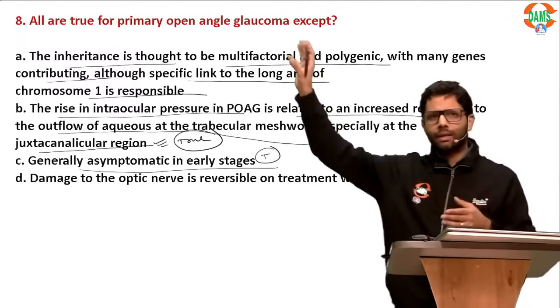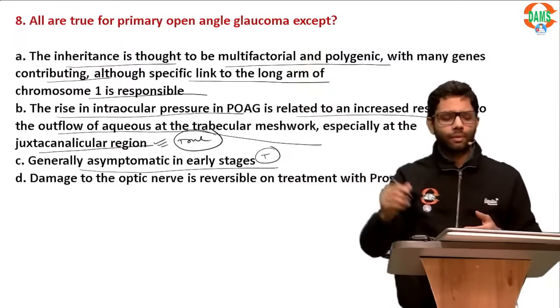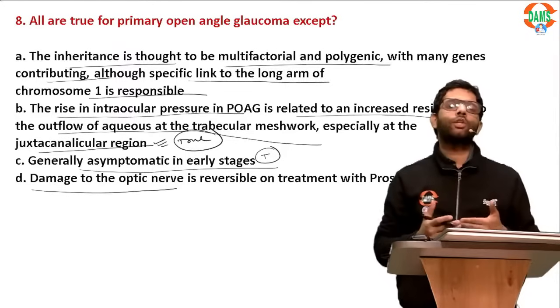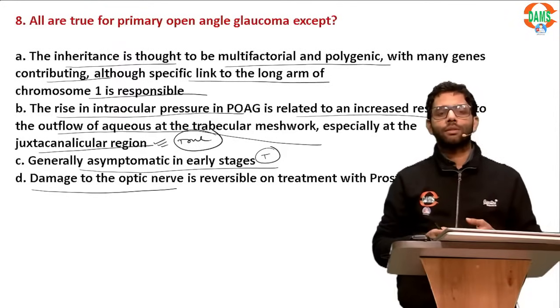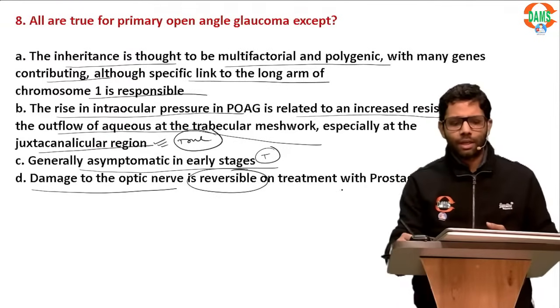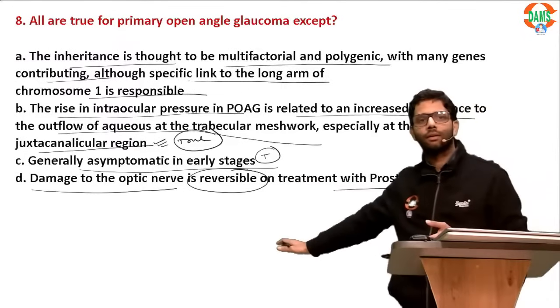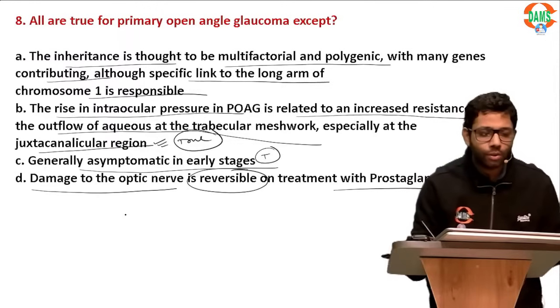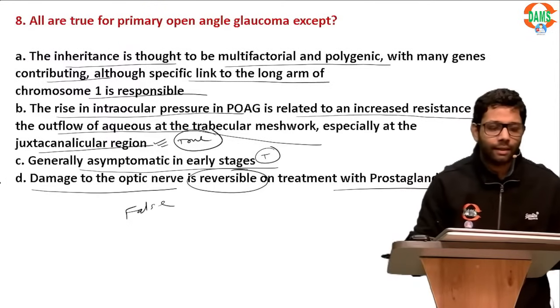First, I agree, if you don't know, it doesn't matter. But you should know that glaucoma is an optic neuropathy, and optic nerve fibers are damaged. Once fibers are damaged anywhere in the body, can you reverse it? Of course, medical management is given, but you can't reverse whatever damage has been done. So this is a false statement, and that is the answer.